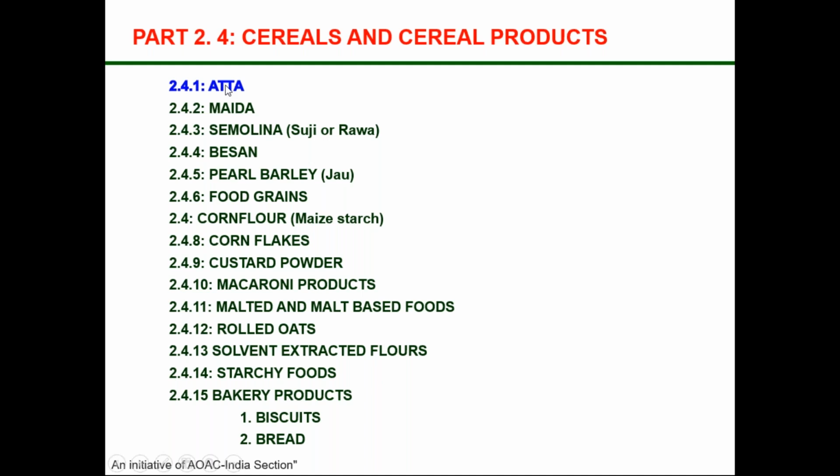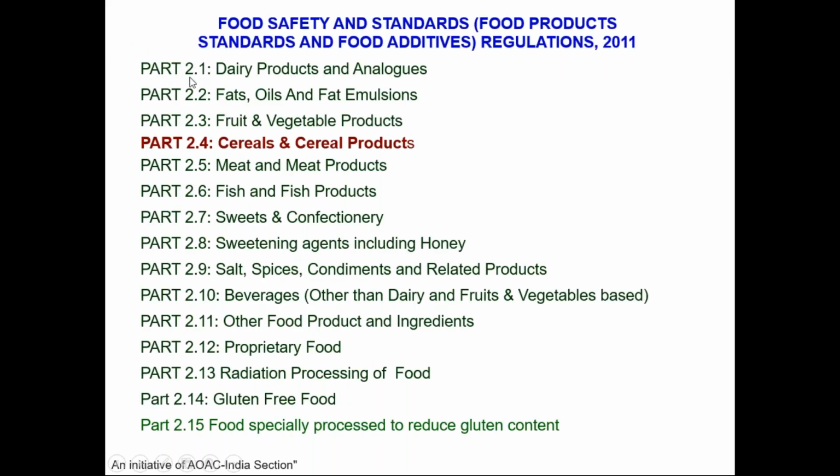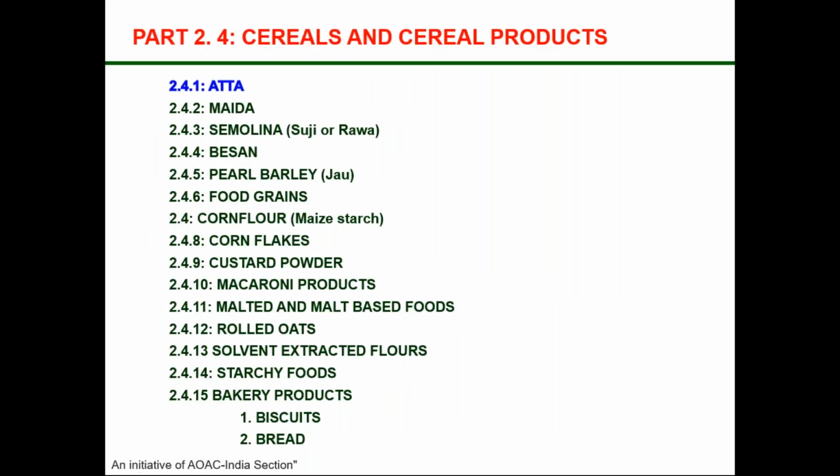2.4.1 is atta. How do you read these numbers? If we go back, this is chapter 2, and 2.1 is dairy, so it is 2.4. So all cereal and cereal products will start with the numbers 2.4. And then you have 2.4.1, which is atta.